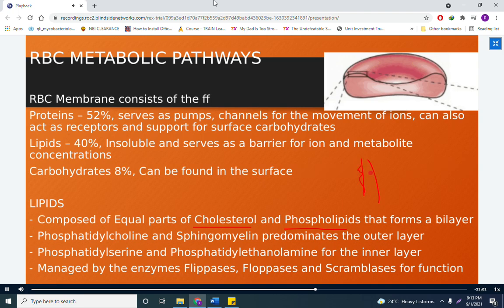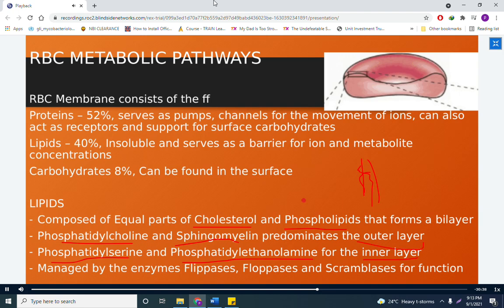Now, your outer layer class is composed of phosphatidylcholine and sphingomyelin. While your inner layer is composed of phosphatidylserine and phosphatidylethanolamine.